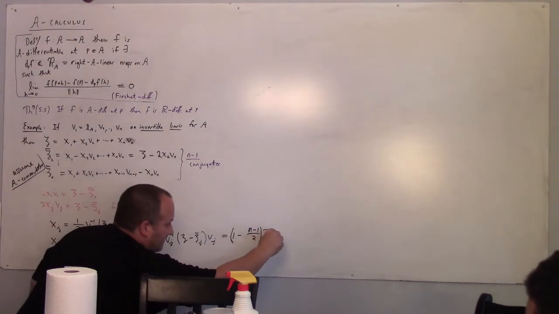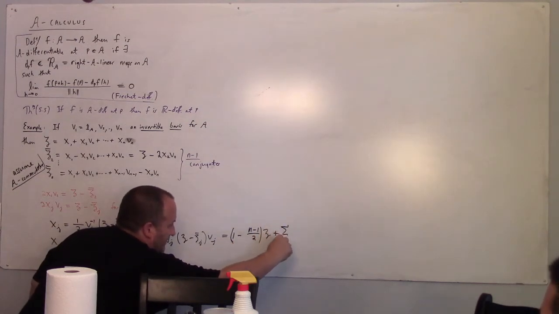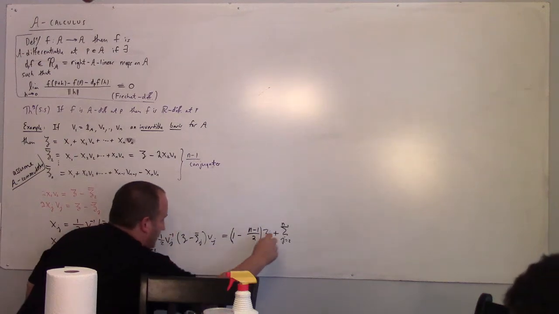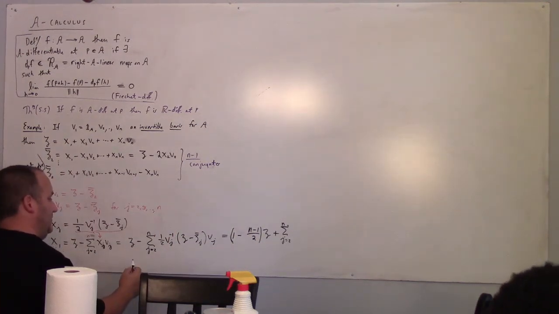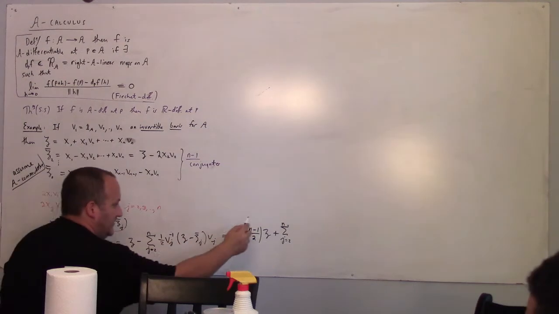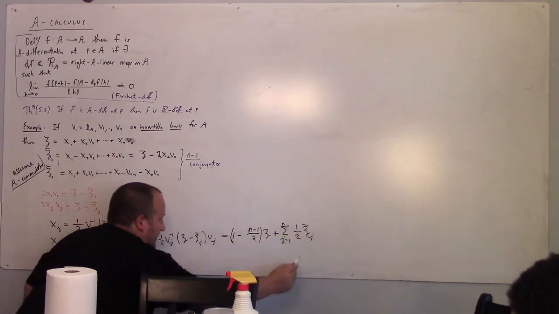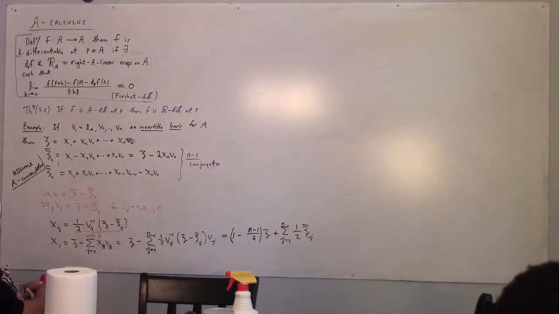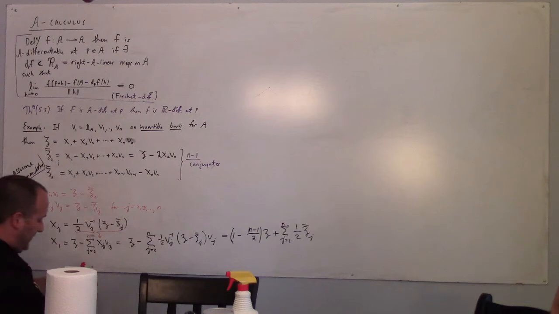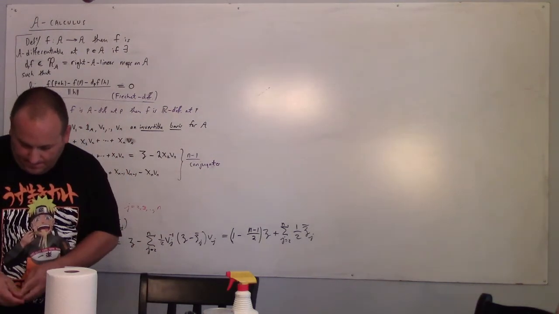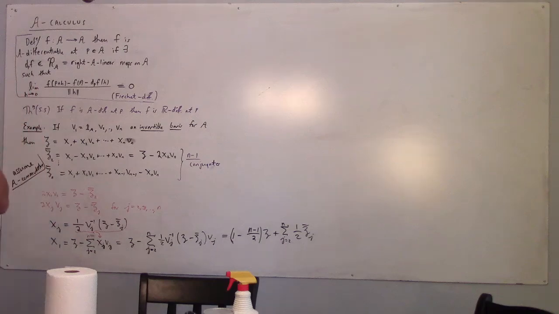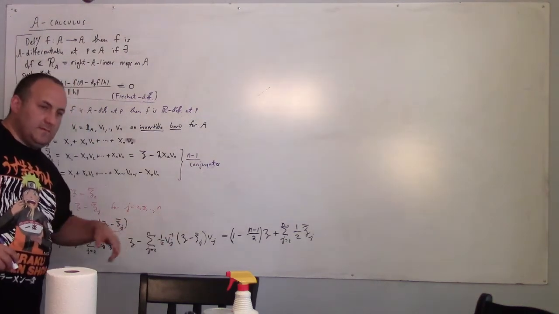And then plus the sum, j equals 2 to n, of, the minus and minus gives me plus, so just 1/2 zeta bar j, I think. So did we not pull out that 1/2 with the zeta? Well, it goes to both terms. Oh, you're right.